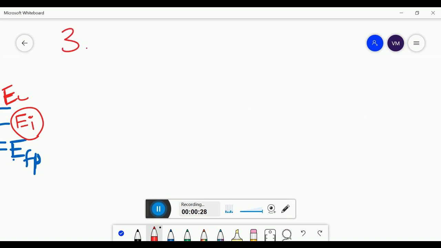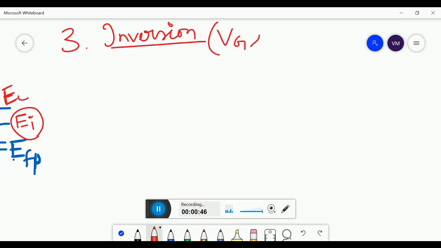The third condition would be the inversion condition, and that is one of the most important conditions which will make you understand how the entire MOSFET works. So in the inversion condition, we'll be having a higher gate voltage, higher than 0 volt, a high positive voltage.